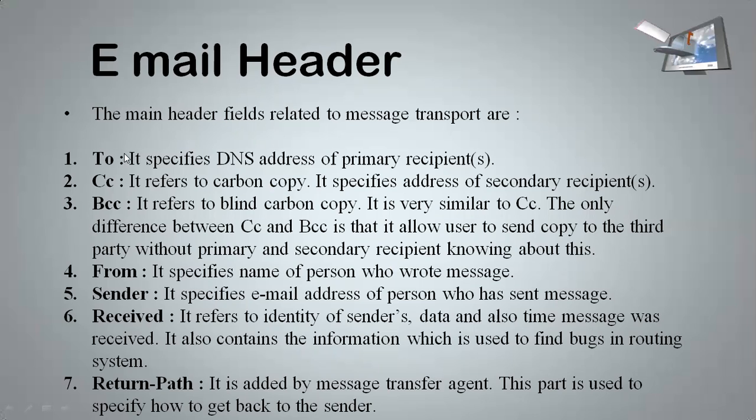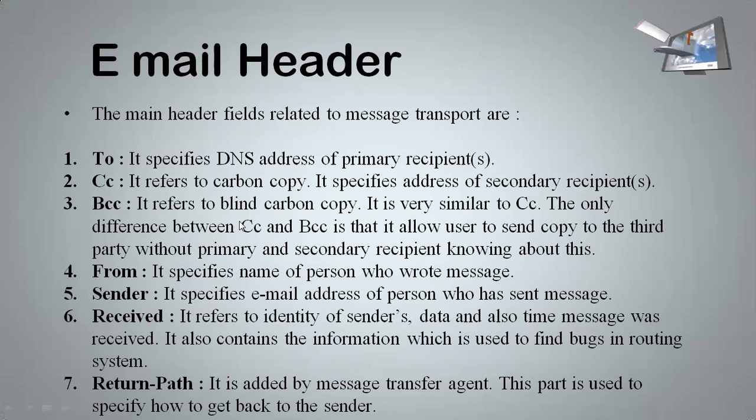The To field denotes the domain name address of the primary recipient, that is, who should receive the sender's message. Then the CC field refers to carbon copy, so it specifies the address of a secondary recipient. For example, we can send the mail to one person or more than one person. The primary recipient is in the To address, and the CC field is the secondary recipient.